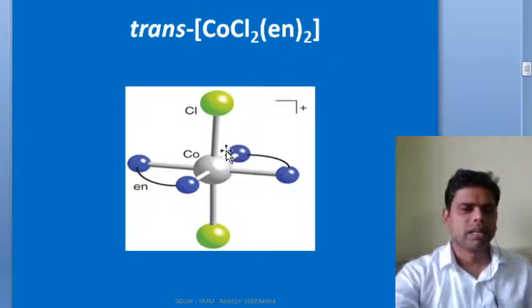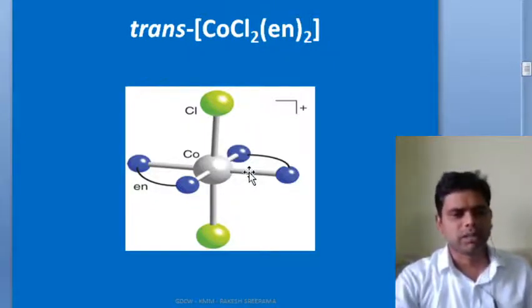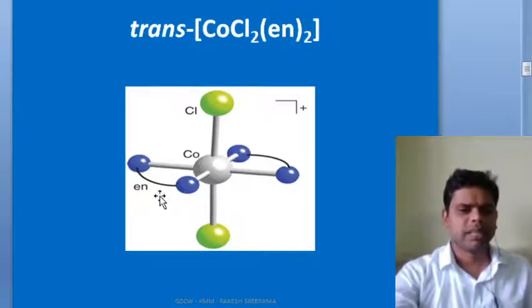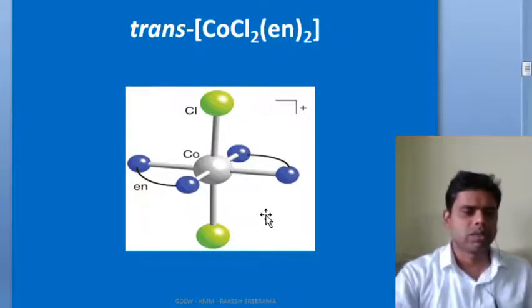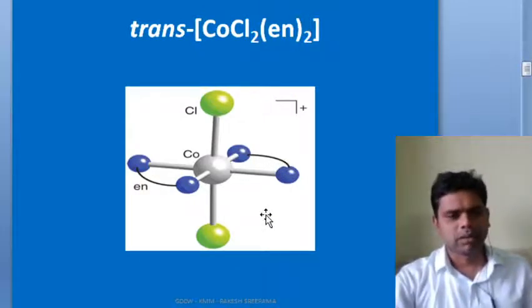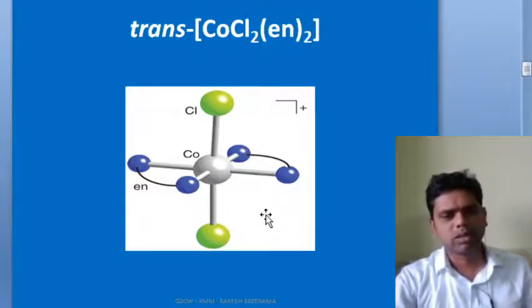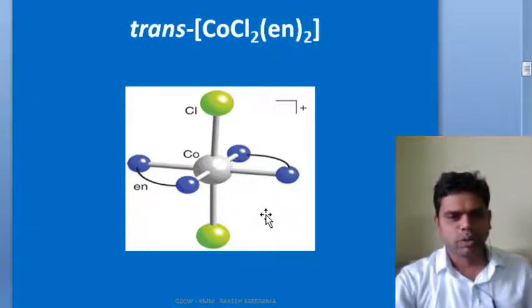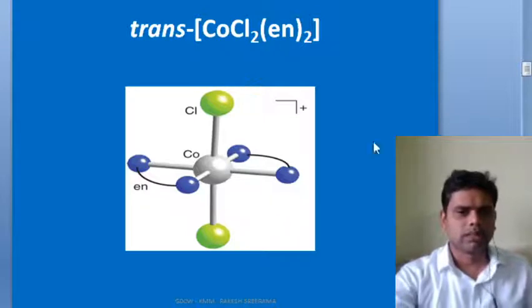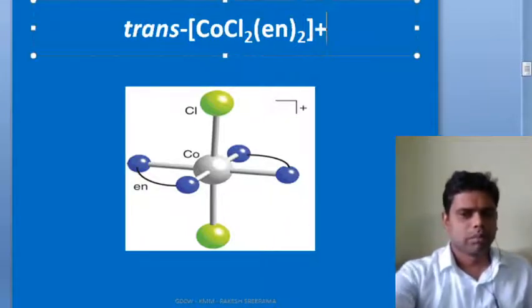Here it is 180 degrees of separation, and this simply represents en. Instead of writing the whole structure, you can write en, and here also en, which indicates ethylene diamine. So this is its trans structure. That's geometrical isomers in the case of MAA twice B2 type of complexes. So here it is the Co Cl2 en2 plus complex.